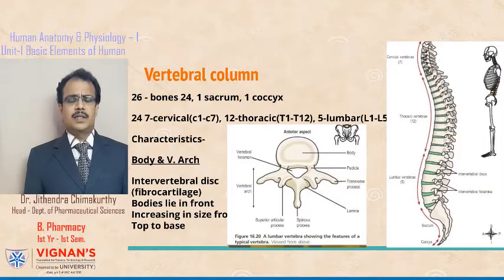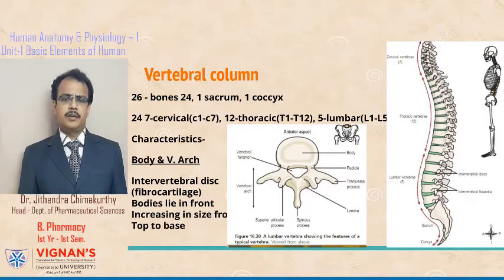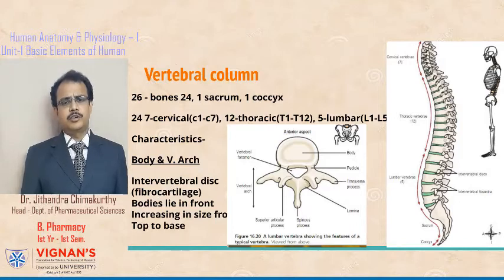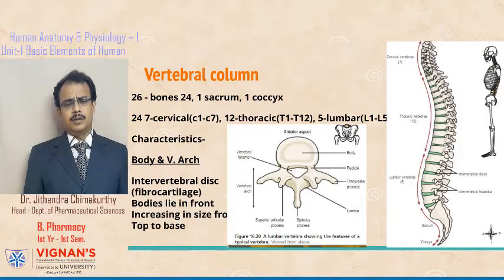After which comes the sacrum, which is formed by a fusion of 5 vertebrae, and the coccyx, which is made up of fusion of 3 to 5 vertebrae. In this way, the 26 vertebrae are present in the vertebral column.